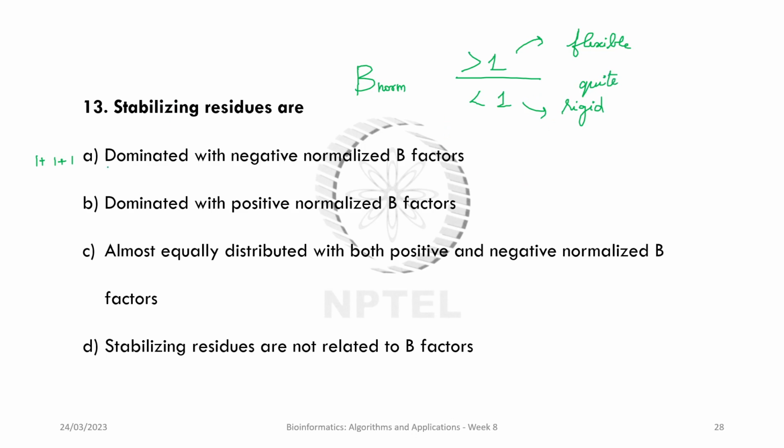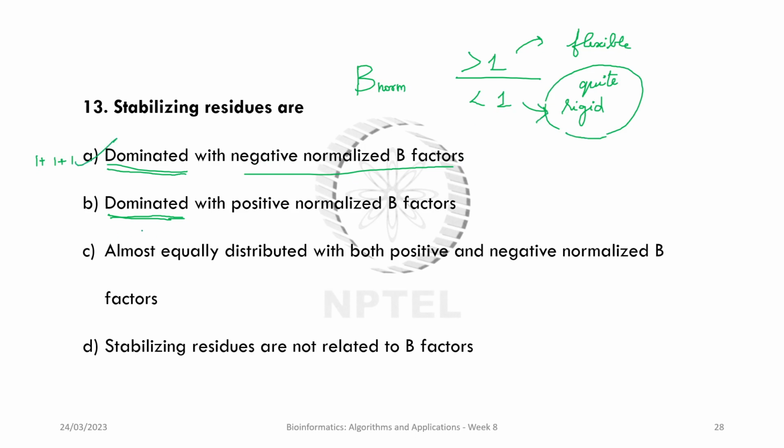And here you are not saying it's absolutely filled with or only negative normalized B factors are possible, and we are not saying it is completely positive. We're using the word dominated with negative, so they can have slightly positive values. It will not always be negative, but dominated with negative normalized B factors seems more probable, or more factual, right?